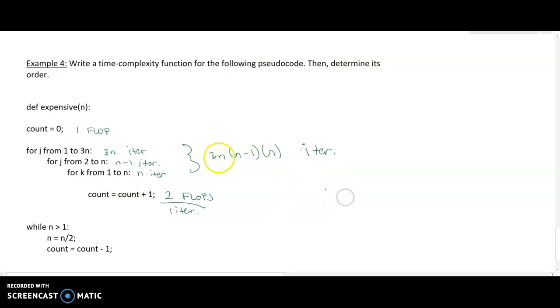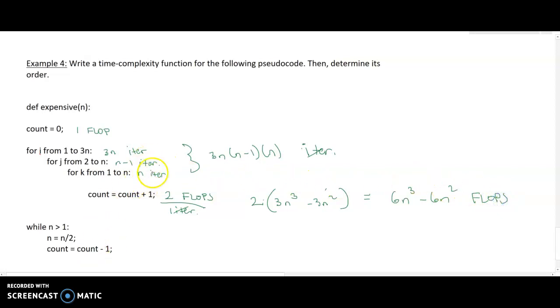If we distribute it all, we get 3n cubed minus 3n squared, multiplied by 2 flops per iteration, so that cancels out our units, and if I simplify that, it requires 6n cubed minus 6n squared flops.